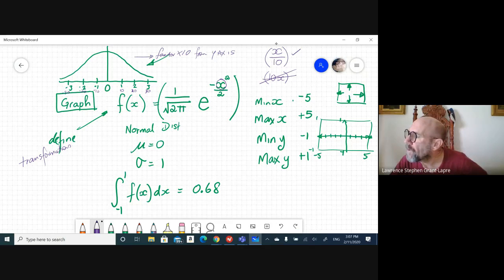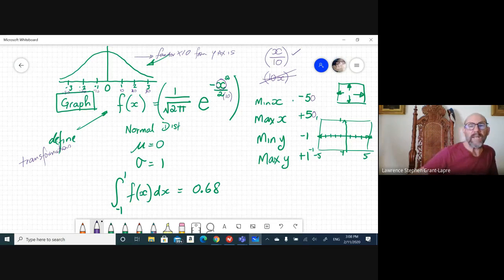So put a 20 underneath there. Put a 20, not a 2, and then regraph it. But change your x minimum to -50 and your x maximum to 50, because we're going to stretch out the graph, and tell me if it worked.